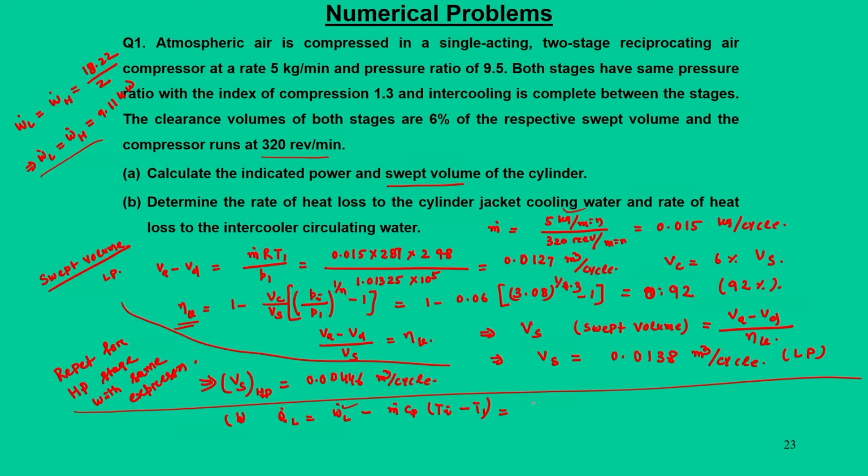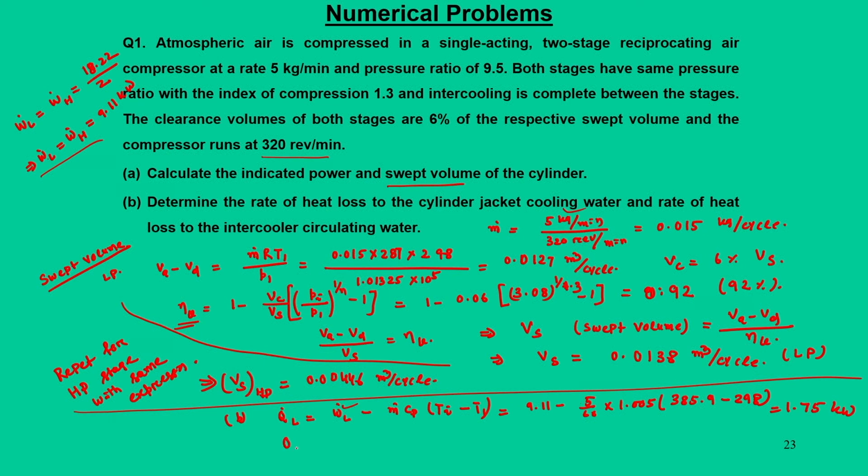So, we can write 9.11 minus 5 by 60 into 1.005, Ti is T2, that is 385.9 minus 298. So, this number would be 1.75 kilowatt.